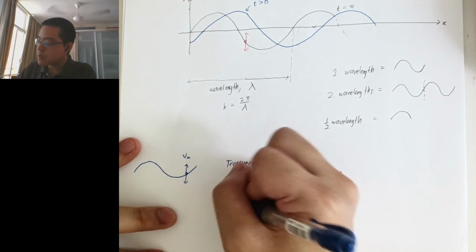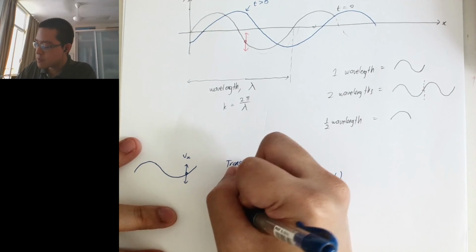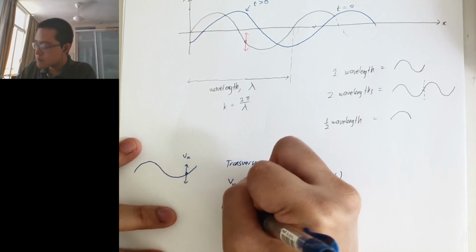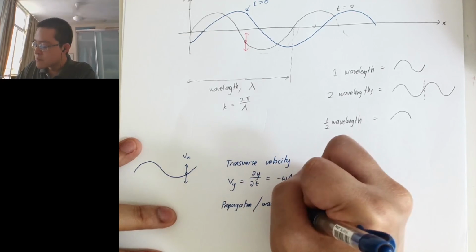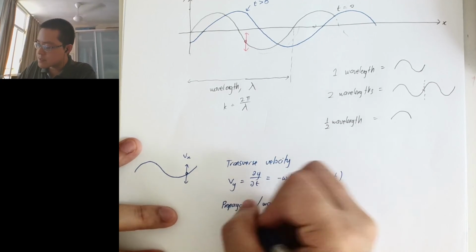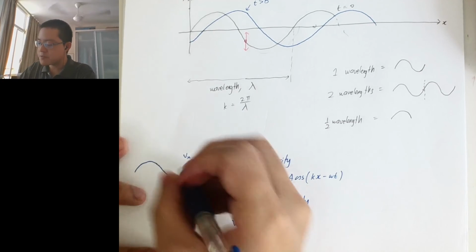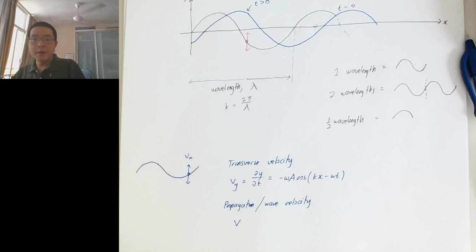And then the propagation velocity, or we call this the wave velocity, is the motion in the x direction. Remember, the wave has two velocities: the direction of propagation velocity and the velocity of the disturbance.